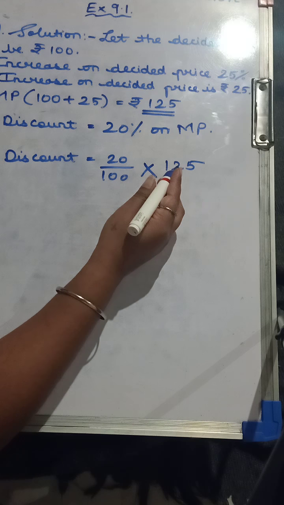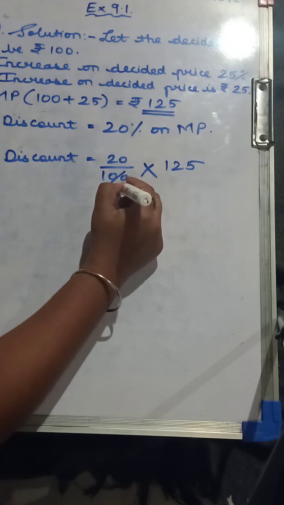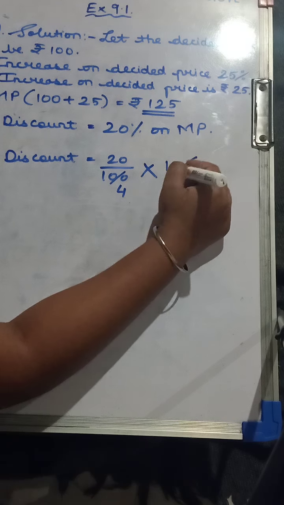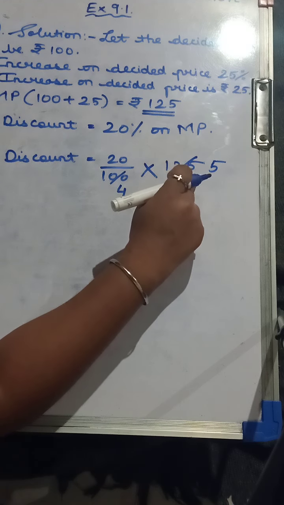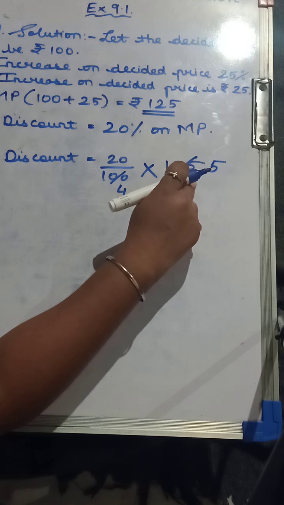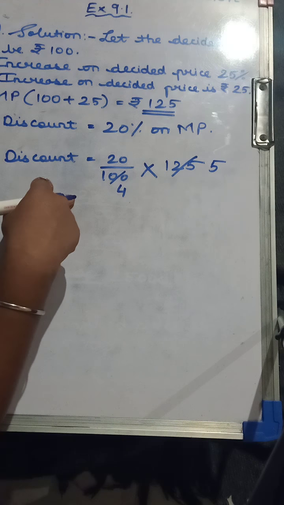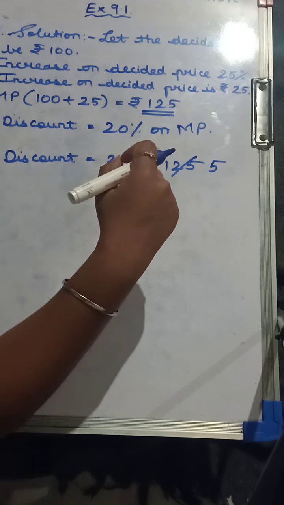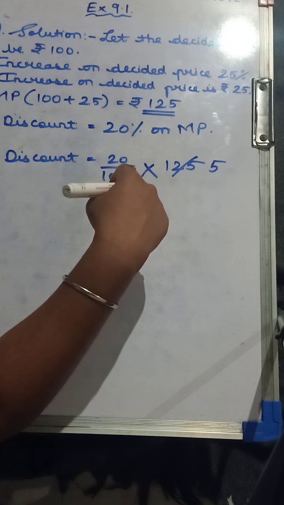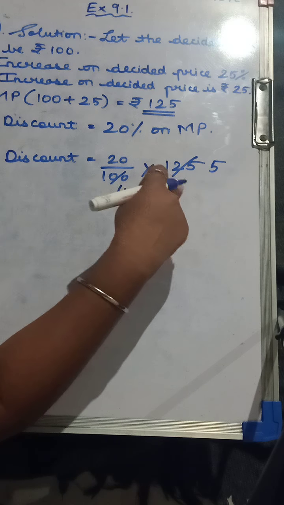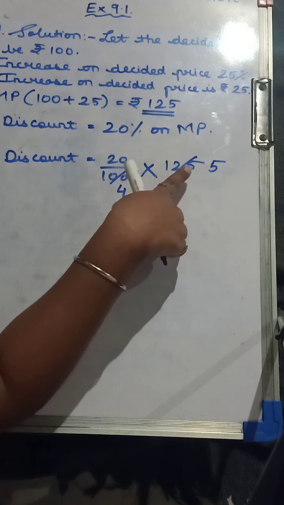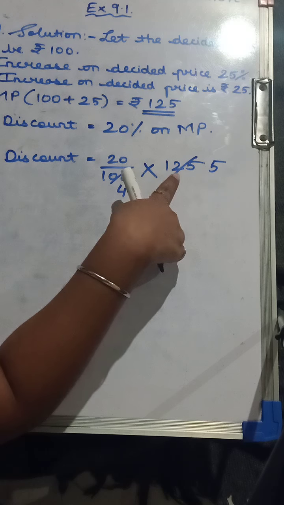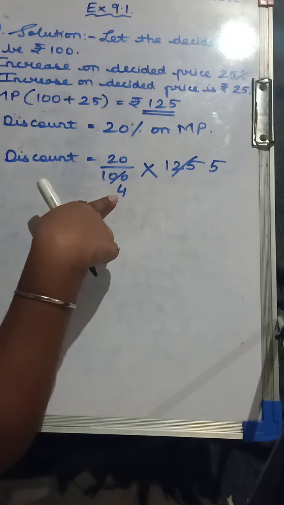Now we can directly cancel, that is 25 fours gives us 100 and 25 fives gives us 125. Okay. Now what is remaining here? Now we have this 4 here.